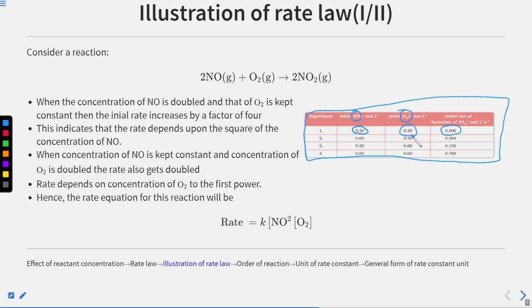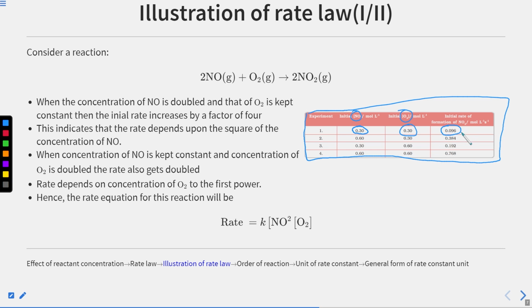Now we have kept the oxygen concentration constant, and changed the concentration of NO. Simply, I have doubled it from 0.30 to 0.60, meaning multiplied by 2. Now what is the effect on the rate of reaction of this doubling of reactant concentration? You can see that the rate of reaction is now 4 times, so it is 0.096 multiplied by 4.